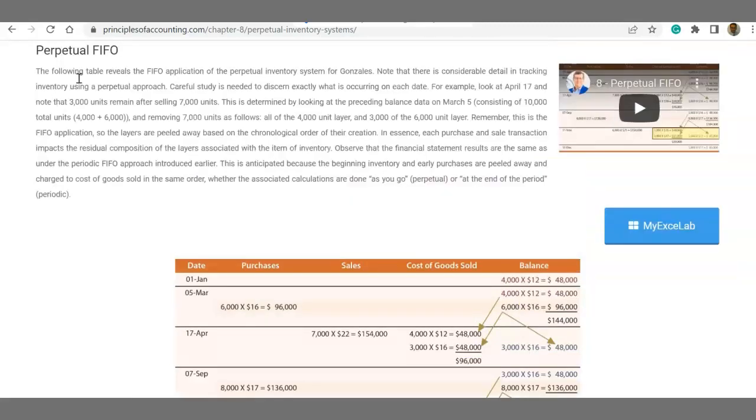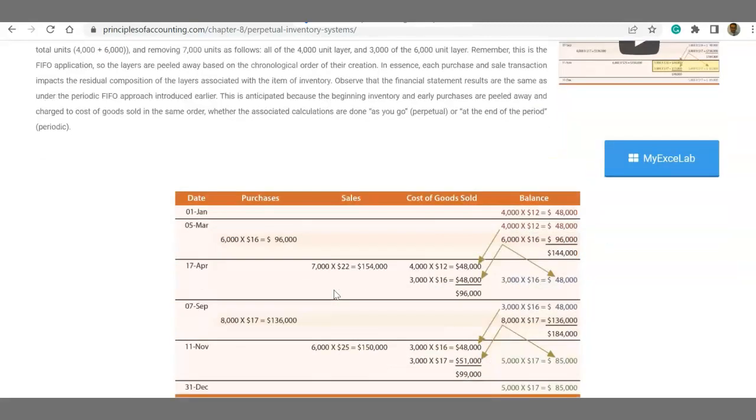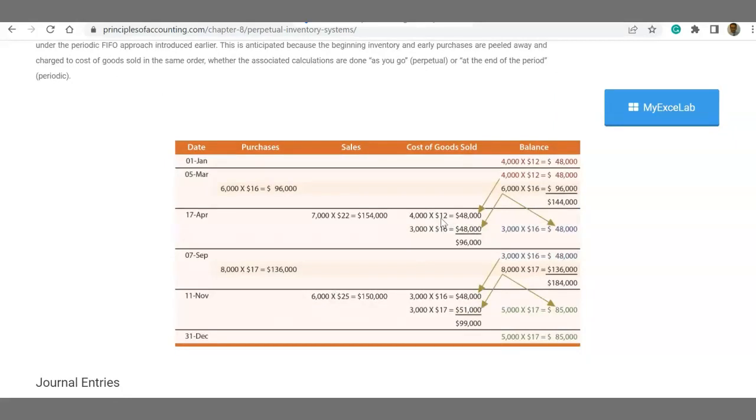Because this is FIFO, first in, first out, the first number comes from the layer at the top, which is 4,000 units total. That will be the first. And then that's not enough because we need 7,000. So we add another 3,000 units from the second layer, and that will give you the total cost of goods sold for this transaction where we sold 7,000 units.